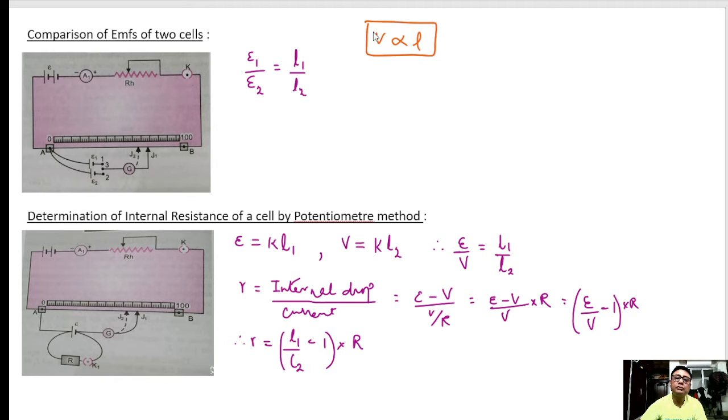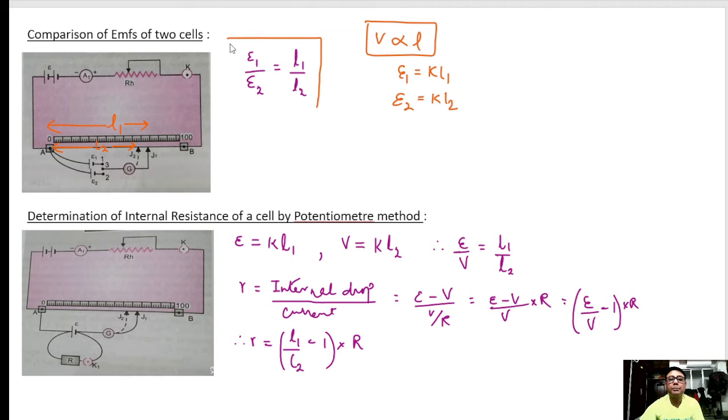So if I choose two EMFs, E1, and suppose it has balanced at a length L1, so I will write E1 equal to KL1, and suppose now I am connecting E2 and it is balancing on a length L2, so E2 will be KL2, and now dividing these we get this relation.